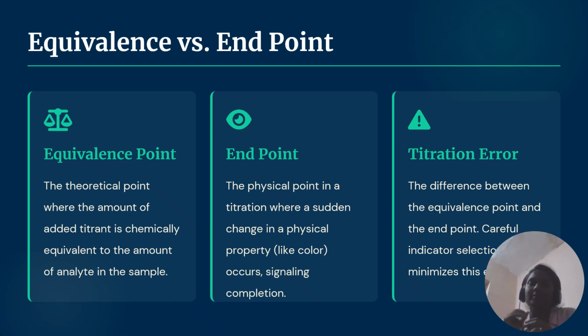The endpoint is where there is a sudden change, and you get to know the volume present. Titration error occurs if there is a slight differentiation, because in our titration it should only be light pink. If it is dark pink, of course it is a titration error, as we have exceeded it. So this is one of the differences that I have put.